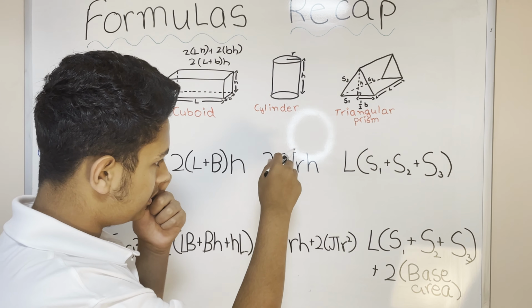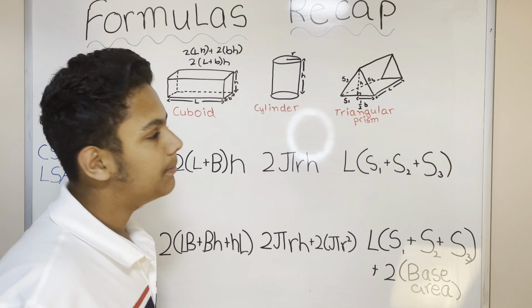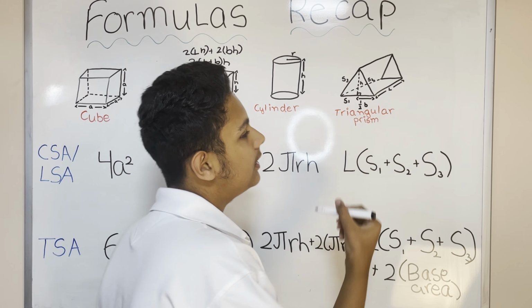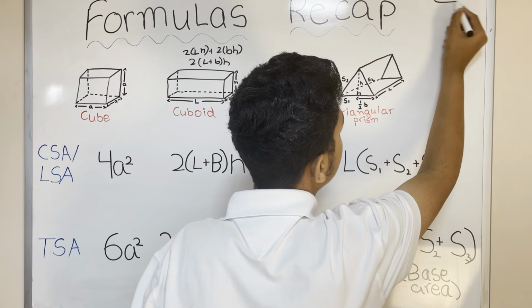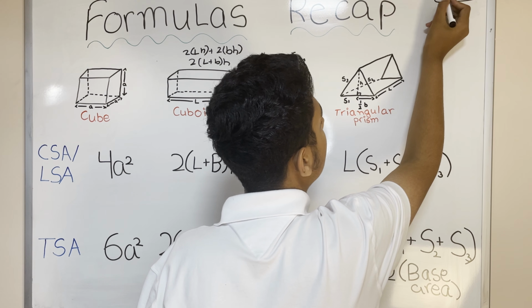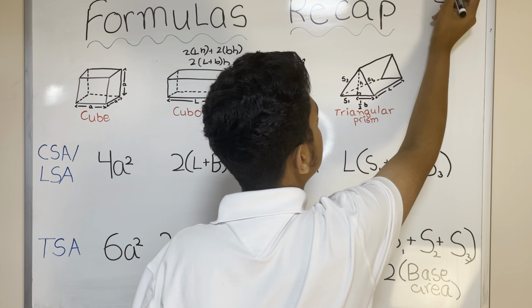Now it looks pretty complicated, 2 pi r h, but if you want to imagine it, let's say it's a circular ring. We have a ring here, and then the circumference of the ring we already know is 2 pi r.